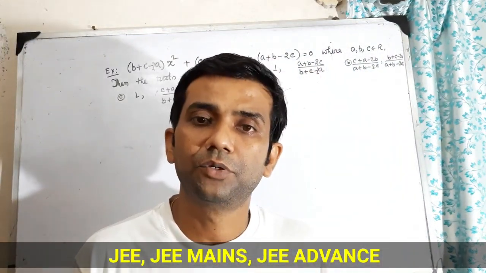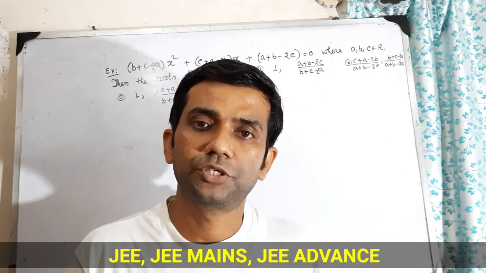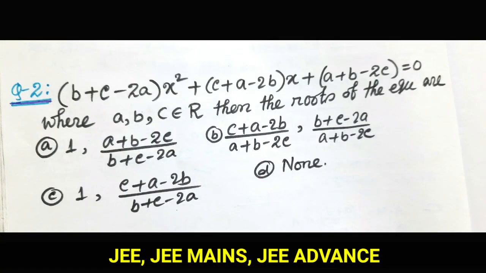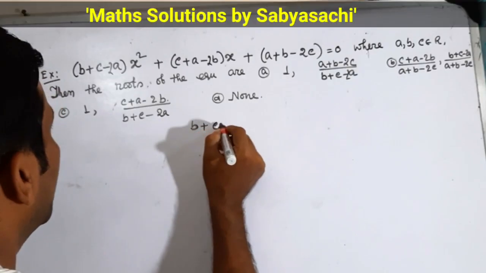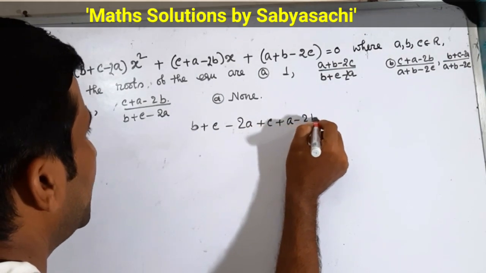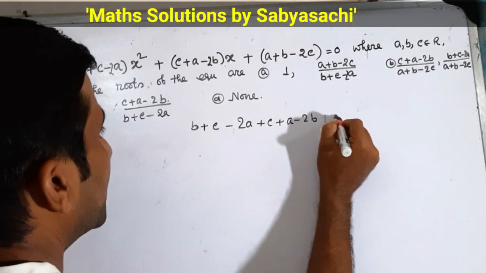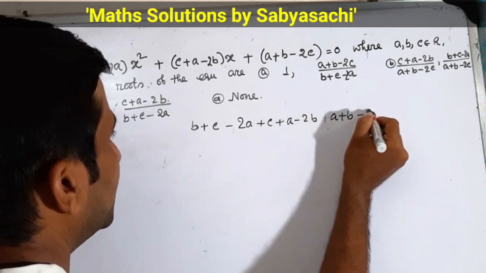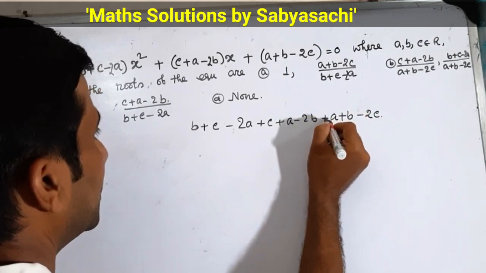So what we have to do in the same procedure: b plus c minus 2a, c plus a minus 2b, a plus b minus 2c.